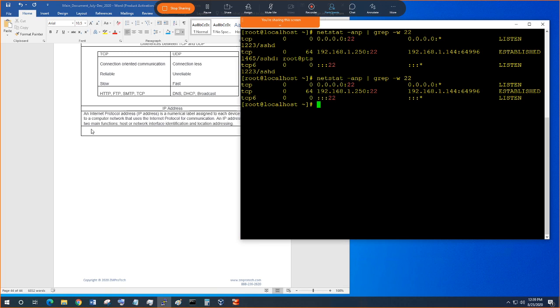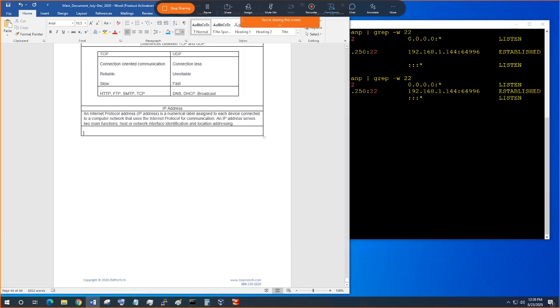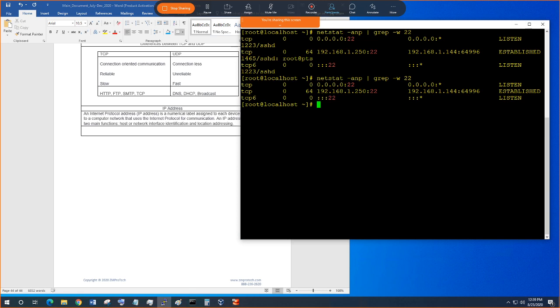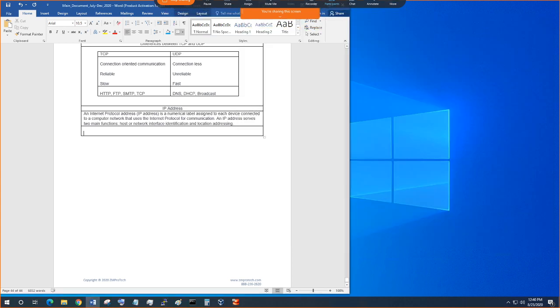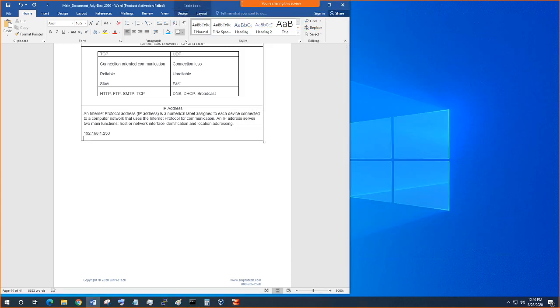So it serves two purposes: host or network interface identification and location addressing. So it is doing a lot of things here. We're gonna break down the IP address of this system, and then we'll show you how it's actually working. So the IP address we have is 192.168.1.250. We're gonna study this IP address here.